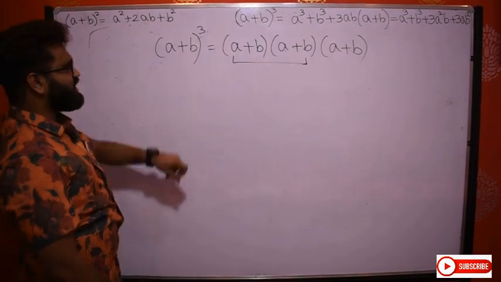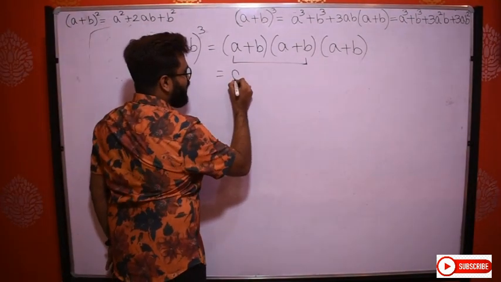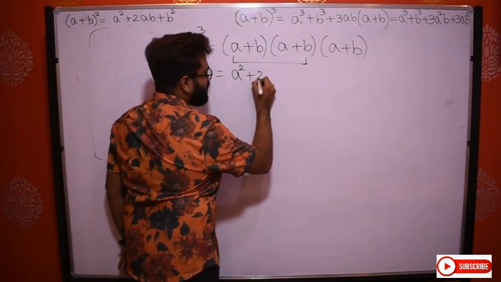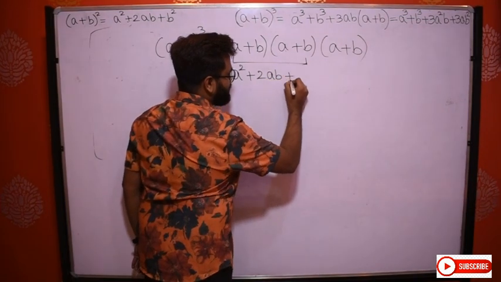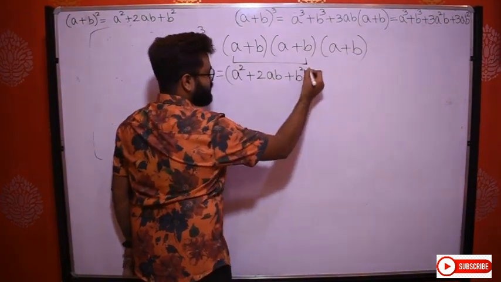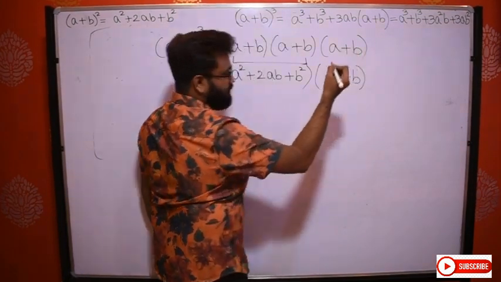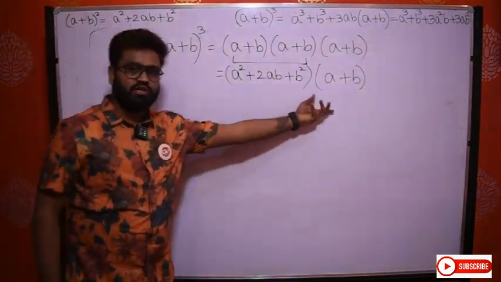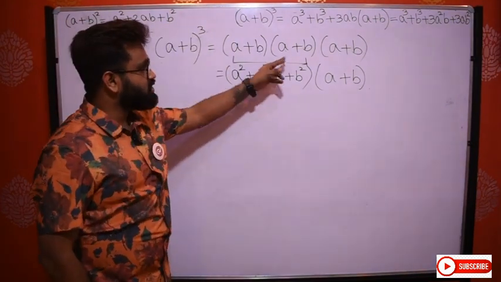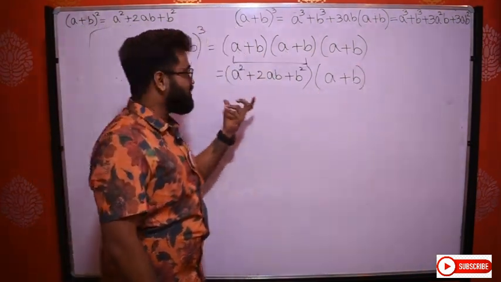I can just write it as a square plus 2ab plus b square. To keep it very simple, I am just using this. I need not multiply these again because we have already derived it.